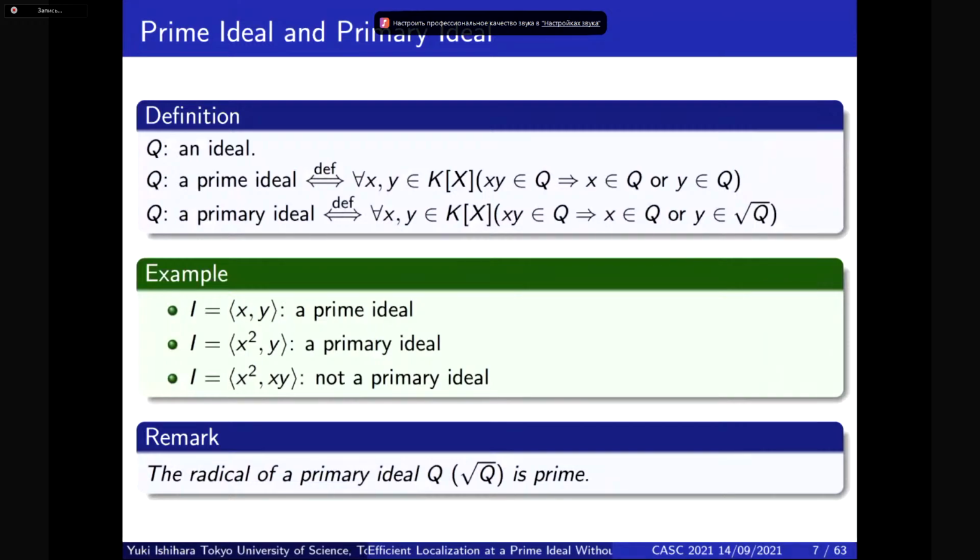We recall some notions of ideal, like primary ideal and prime ideal, and these are examples of them. We remark that the radical of a primary ideal is a prime ideal.